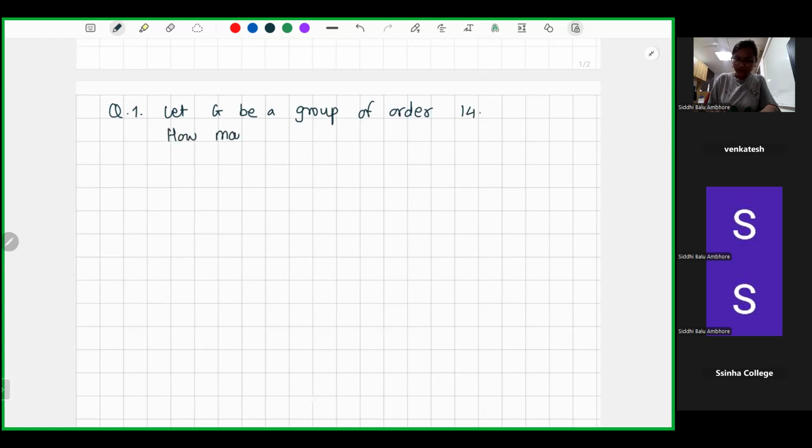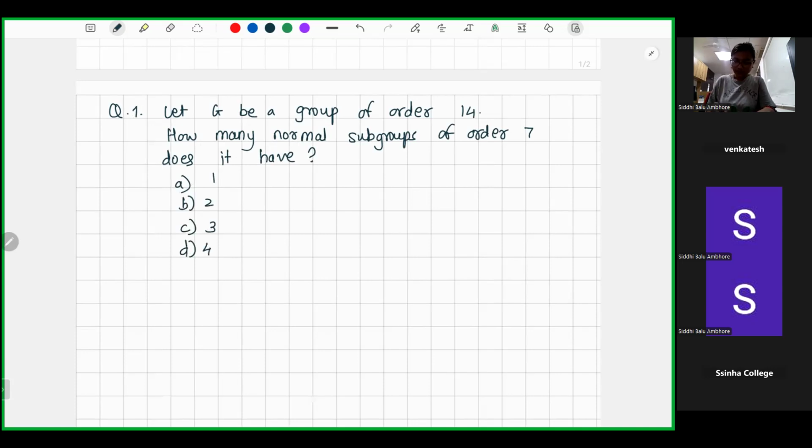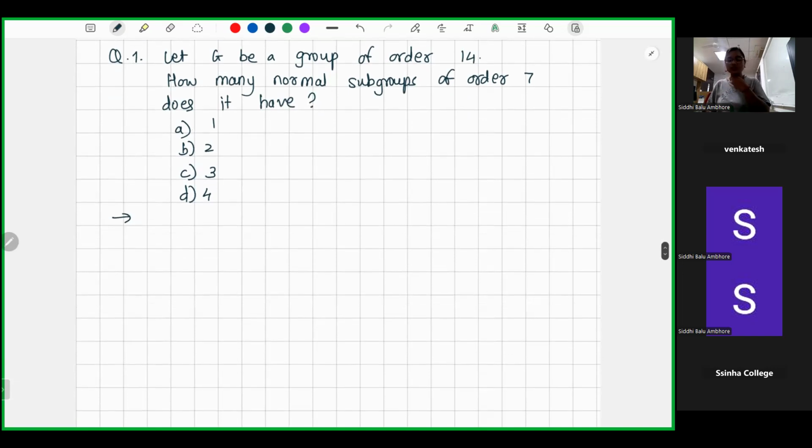Then how many normal subgroups of order 7 does it have? Okay, and your options are 1, 2, 3, and 4. So this is the question.